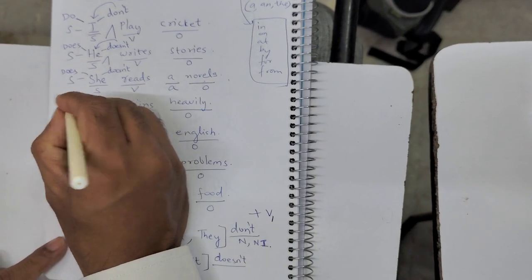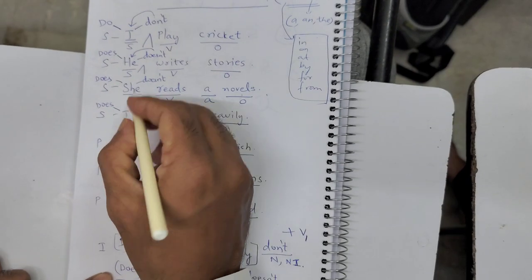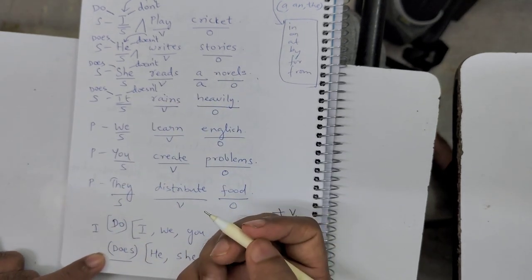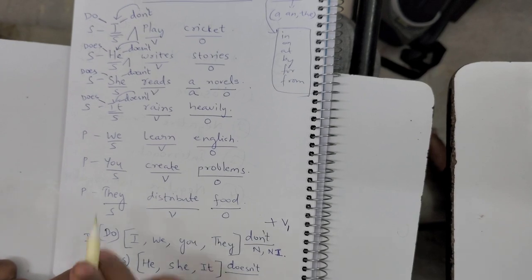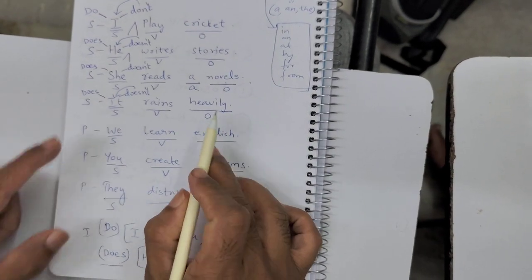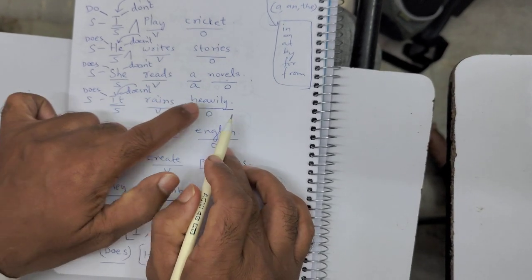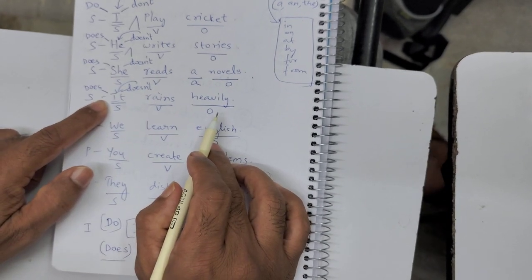Here we are using does. Does it rain heavily? It doesn't rain heavily. Negative sentence. Doesn't it rain heavily? Negative interrogative.